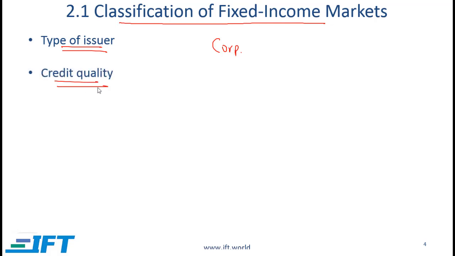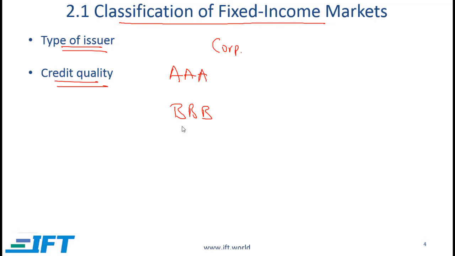Another categorization is credit quality. Here, bonds are separated based on their quality. Bond ratings are provided by agencies such as S&P, Moody's, and Fitch. And we can have a category of bonds which have a very high rating, such as a AAA rating. They can be bonds with BBB rating.